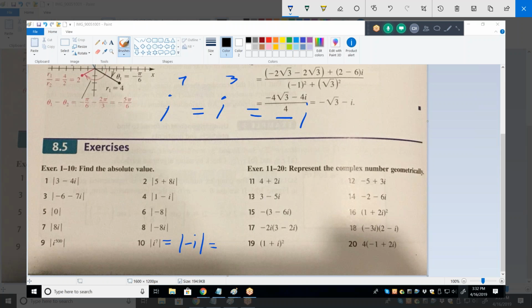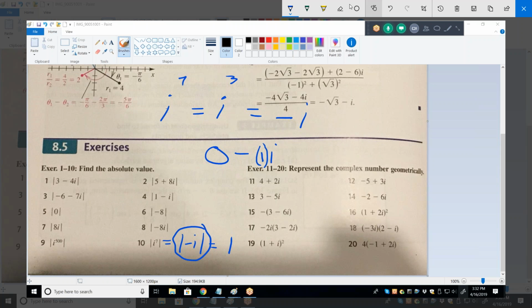Or put that in standard complex form. What's it look like? 0 minus i. What's the coefficient of i? 1. Okay. Got it? That's right. It's 1.